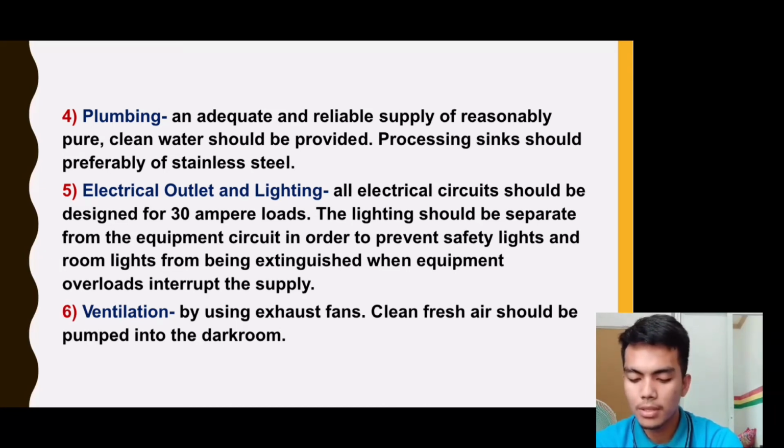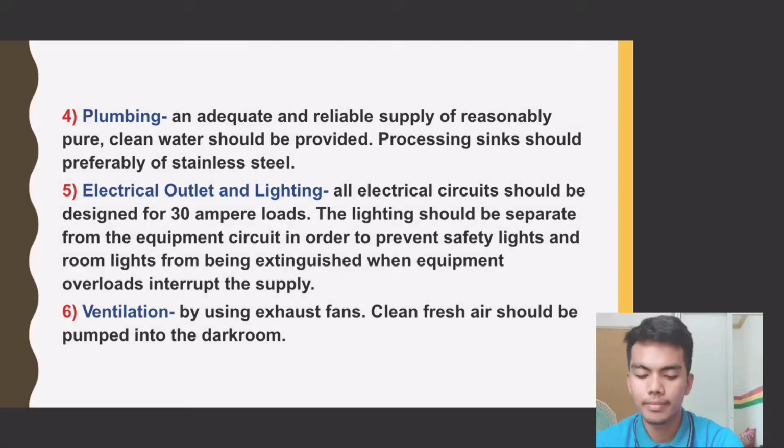The lighting should be separate from the equipment circuit in order to prevent safety light and room light from being excessive when equipment overload interrupts the supply. Ventilation: by using in-house fans, clean fresh air should be pumped into the darkroom.